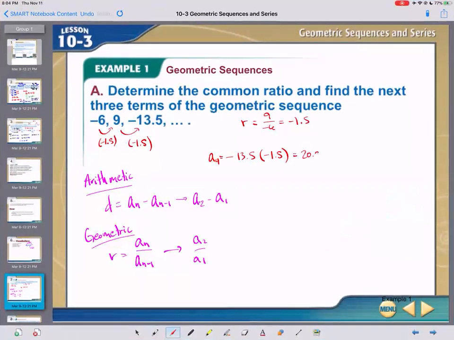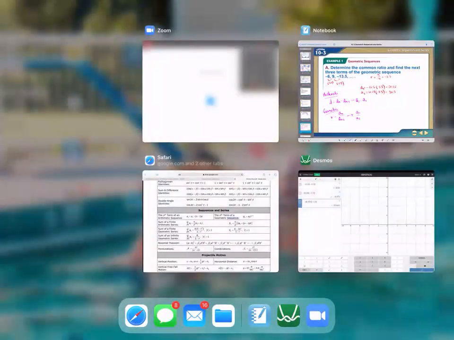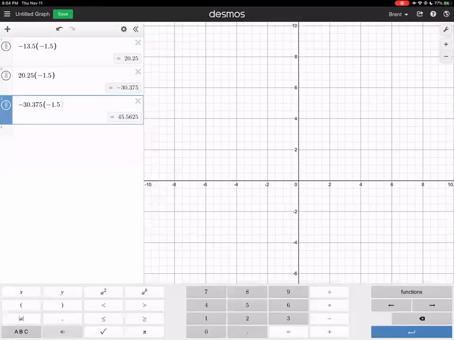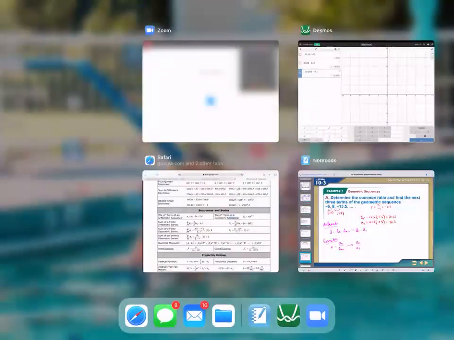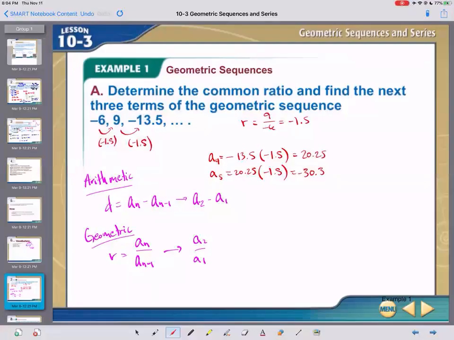So we had 20.25. Let's see how good my memory is here. And then 20.25 times negative 1.5 gave us 30.3, was it 375? My memory's failing. Let's take a look. Negative 30.375.